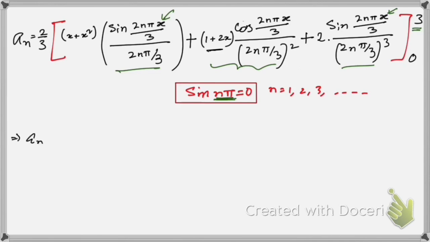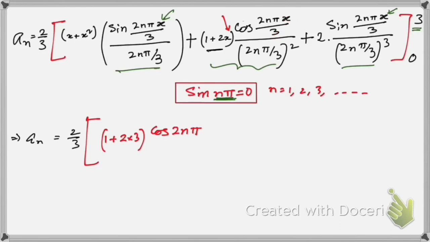An is equal to 2 by 3 into, so if you put here 3, then it will be 1 plus 2 into 3, right? Then cos 2n pi. So if you put here 3, it's going to be cancelled, right? So hope you have understood this.